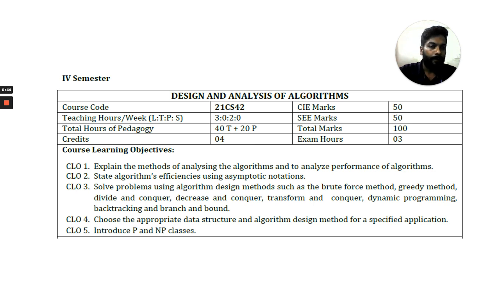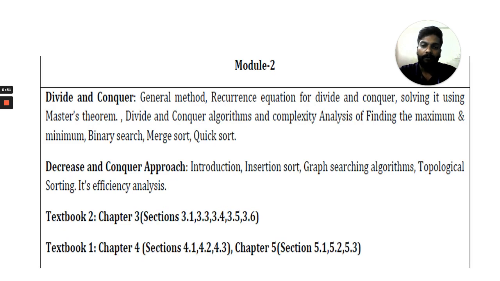Now today I plan to discuss the second module, one of the second unit's important topics, graph searching algorithms. In the previous semester you already studied the important paper, 21 scheme Data Structures and its applications. Graph is one of the main data structures, along with trees and many others.